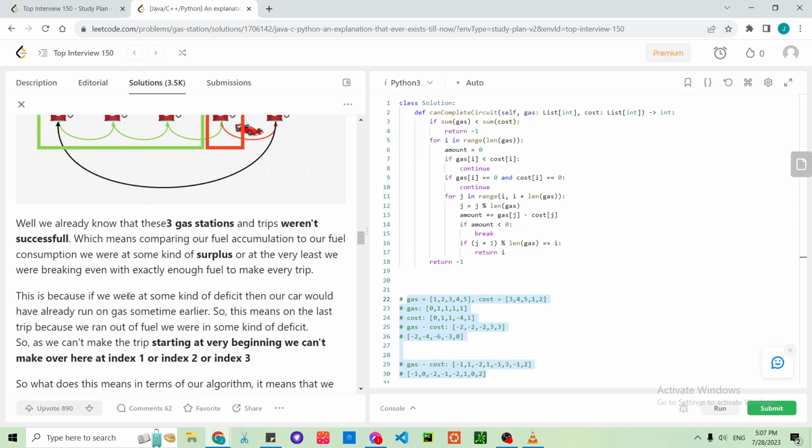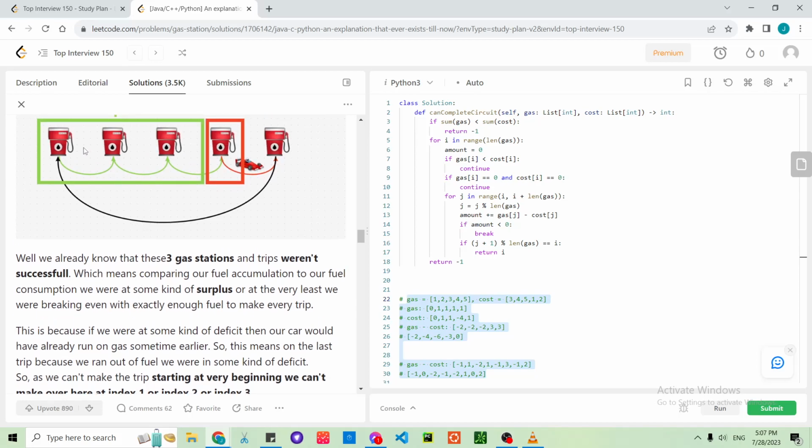Oh. So if we start from here and we fill here, that also means that if we started from there, it would also fill, because the reason that we are even able to go from this one to that one is because this is at least positive or 0. If it's negative, it wouldn't even be able to go here.